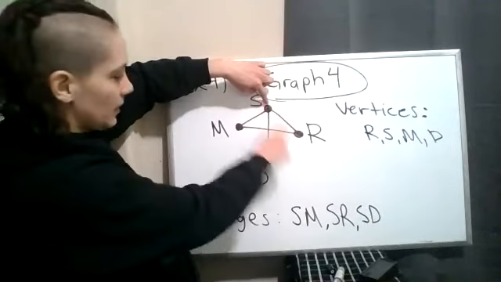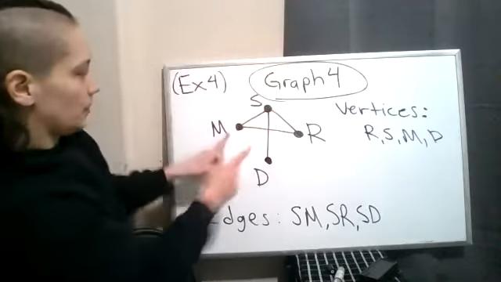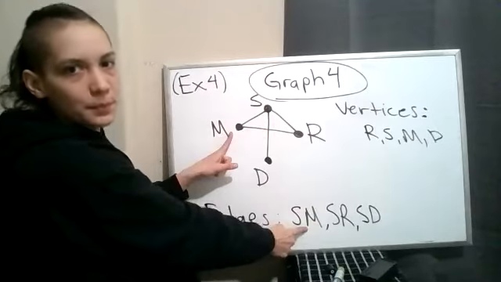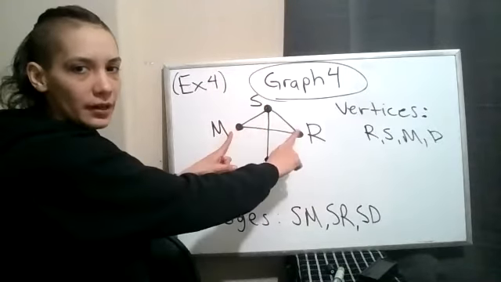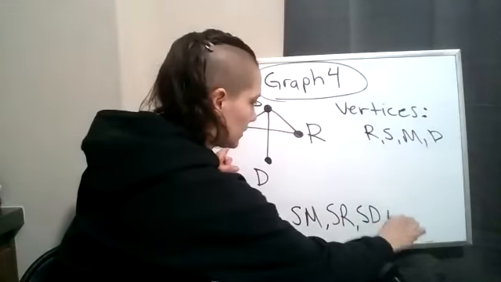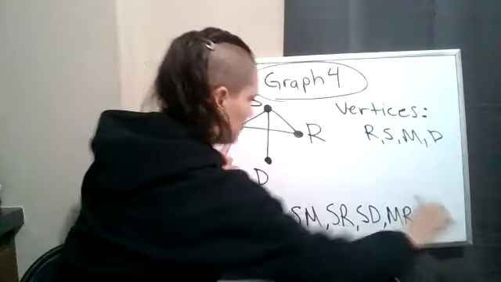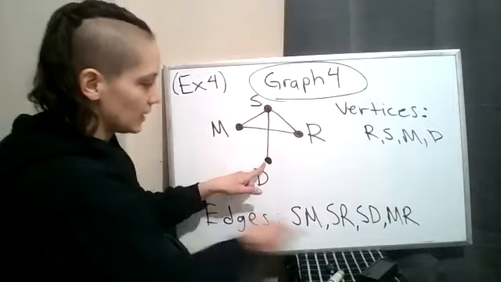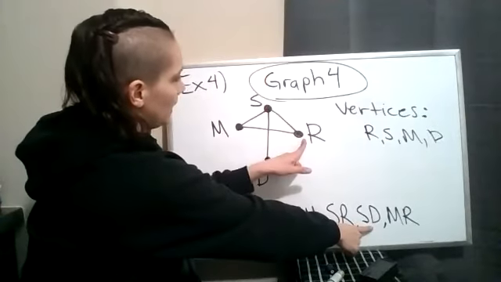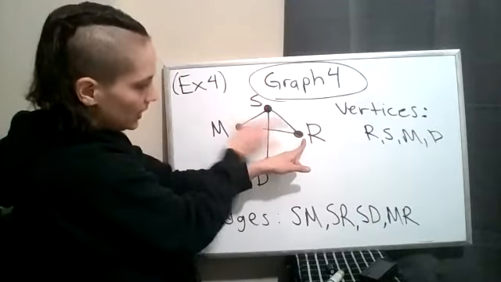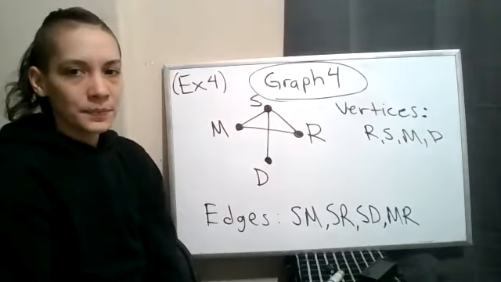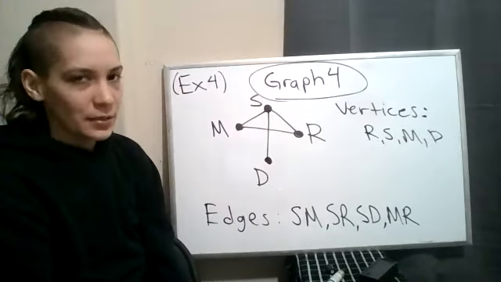And that's everything. Cool. There's MS, which is the same as SM. M to R, we need. And that's all. Okay, we did DS. And RS is listed, so is MR, so we're done. Also in this situation, we could count.